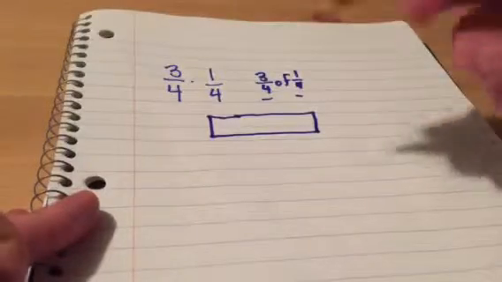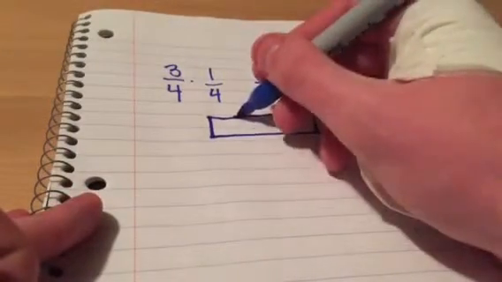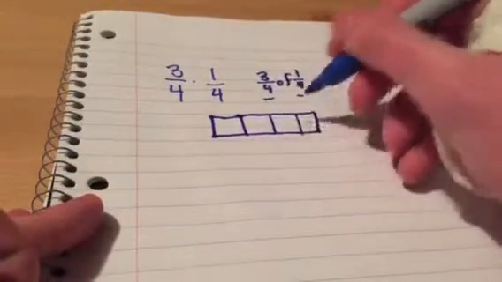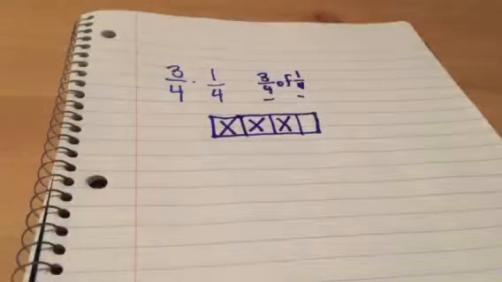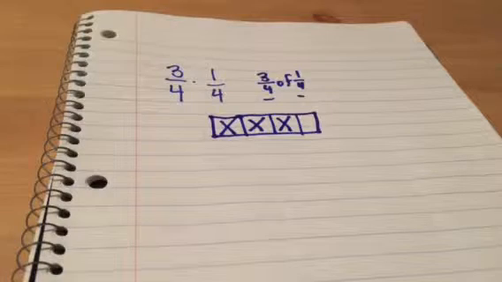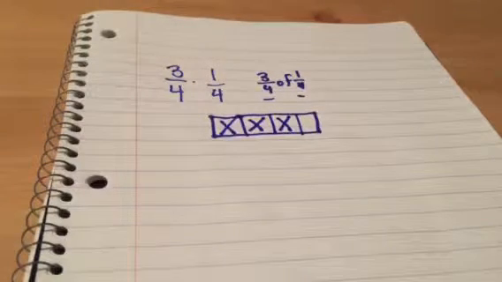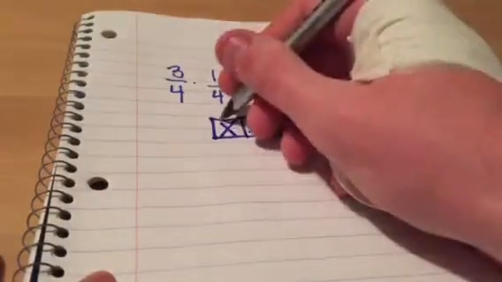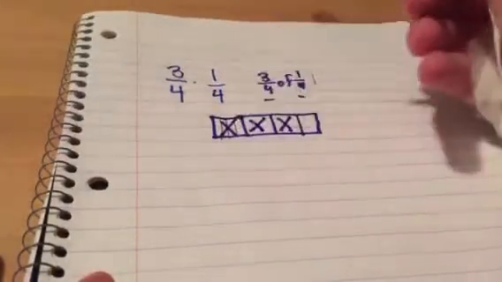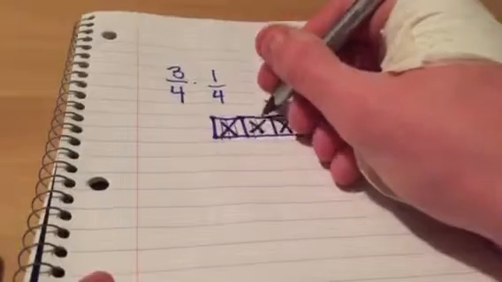So the first one I'm going to start with is 3/4. So I take a fraction and I cut it into 3/4. Then I'm going to cut each fourth into 1/4 chunks. So what I do is I cut each of these into 4 boxes.